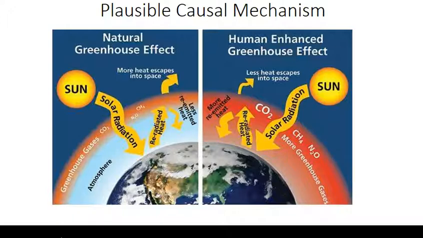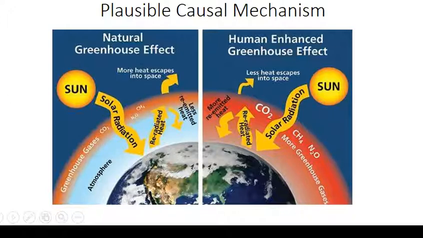You have solar radiation that comes in from the sun. It warms the Earth. A lot of that heat is radiated outwards. But when it gets to these upper levels in the atmosphere that have a lot of the nitrogen, methane, CO2, and nitrous oxide, that warms those molecules which radiate the heat in all directions.